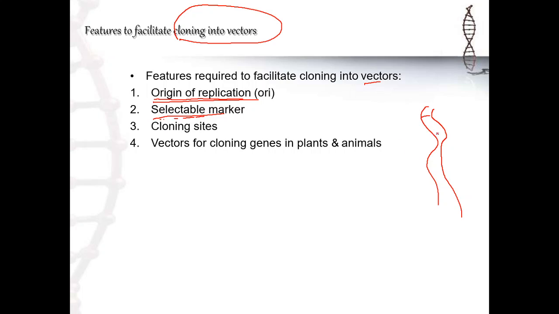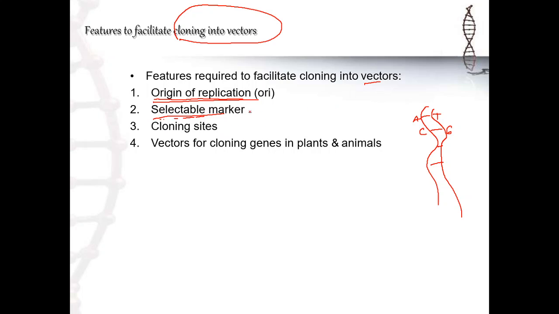For example, there is adenine on this side, and we have thymine on this side, we have cytosine, and we have guanine on this side, and so on. The purine should always be paired with the pyrimidine. Purine bases and pyrimidine bases.